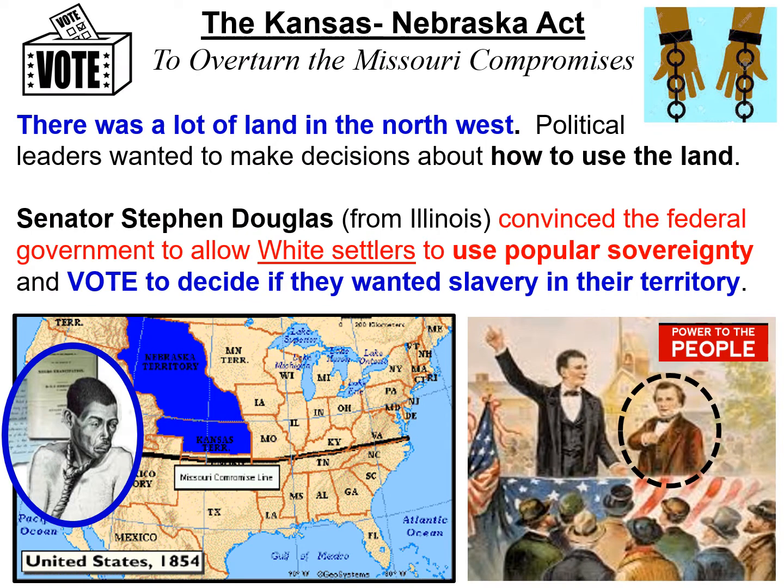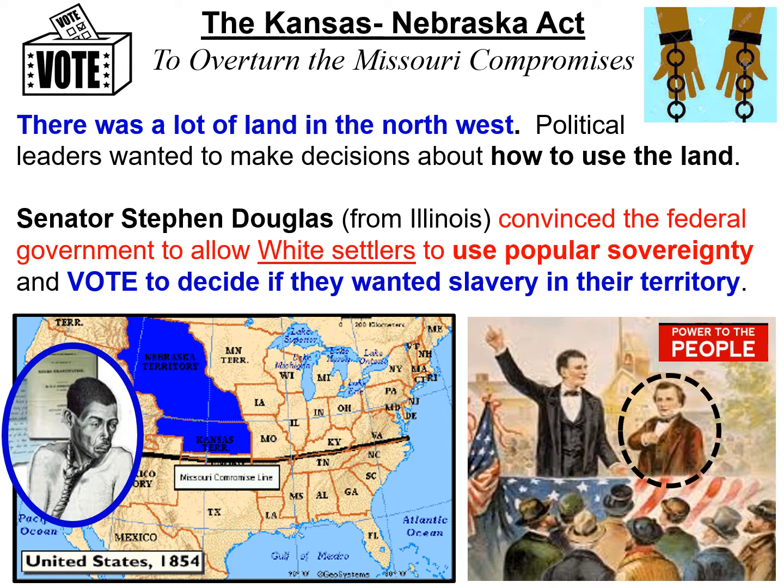The Kansas-Nebraska Act. The Kansas-Nebraska Act was legislation. It was a way to allow people to decide if they wanted slavery in their area or not. There's a man, his name is Stephen Douglas. He wanted to become president during the same time that Abraham Lincoln was trying to become president.